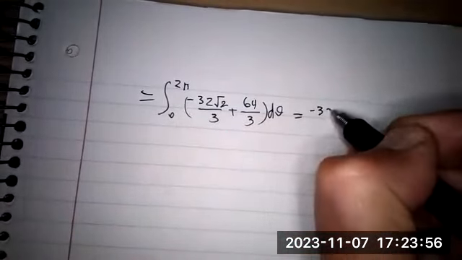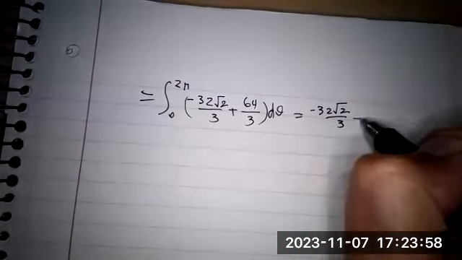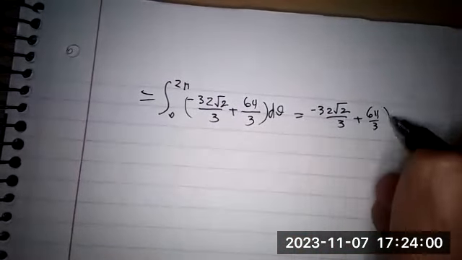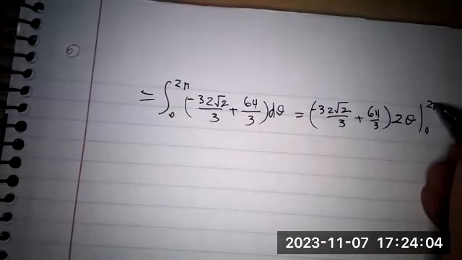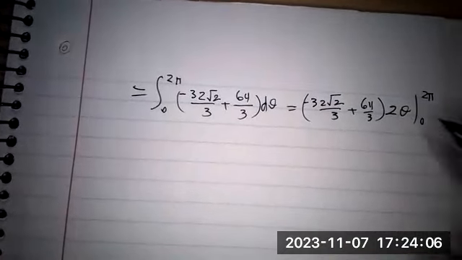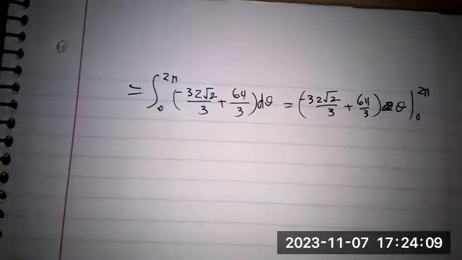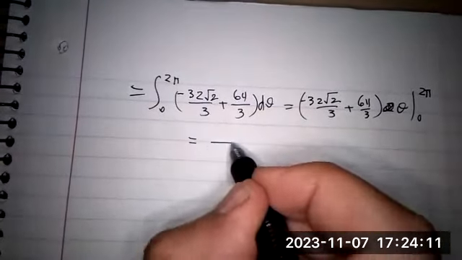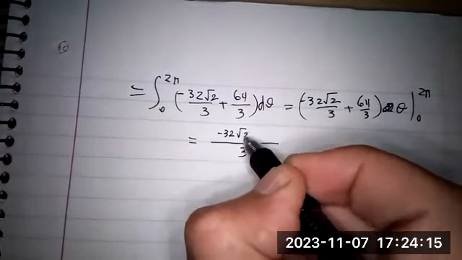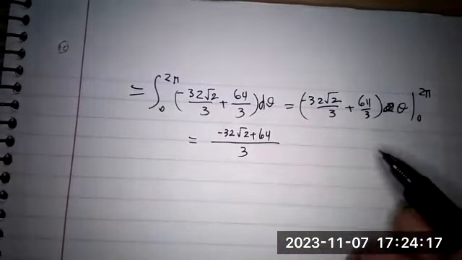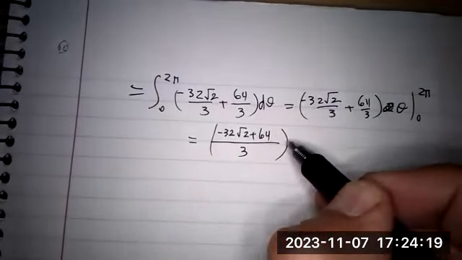So it's going to be negative 32 radical 2 over 3 plus 64 over 3, and this is going to be theta going from 0 to 2 pi. Okay, just theta. So the final answer is going to be (negative 32 radical 2 plus 64) over 3, times 2 pi.